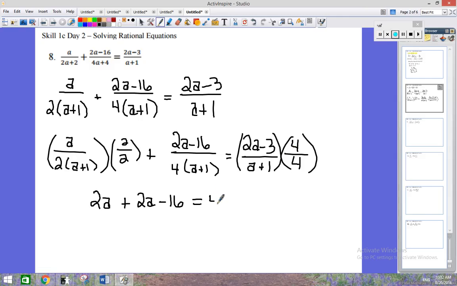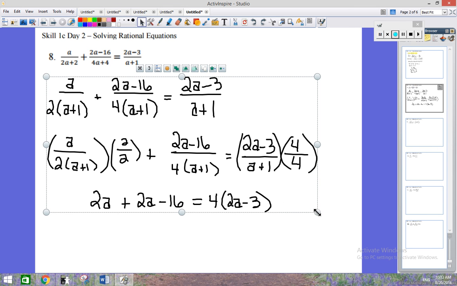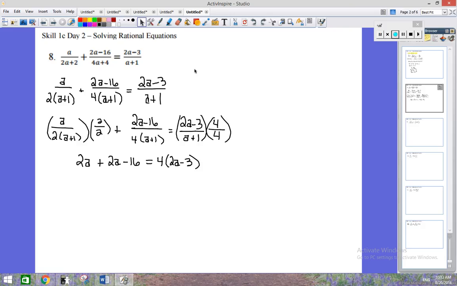And I have 4, and I need to distribute it to this binomial, 2a minus 3. So here is my resulting equation once I have cleared the denominator. And we know that the solution set to this equation may not be the solution set to my original. It may have extra solutions or extraneous solutions in reference to the original problem.